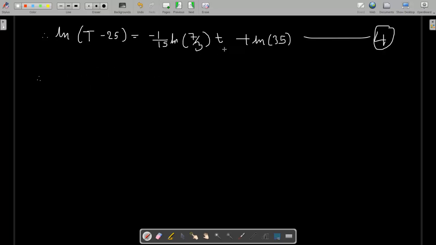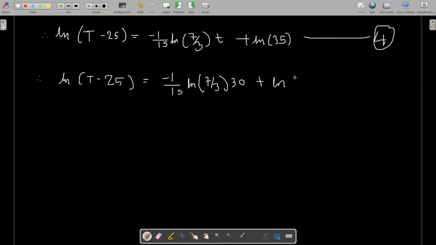Just put the value of t as 30: ln of T minus 25 is equal to minus 1 upon 15, this is the value of k, ln 7 by 3, times t, where t is the time, so here we have to find after half an hour or 30 minutes, plus ln 35.